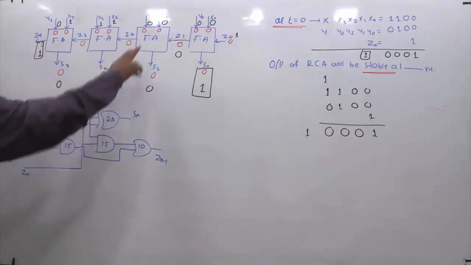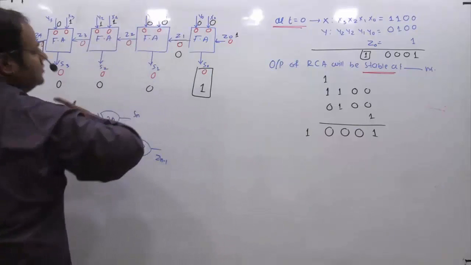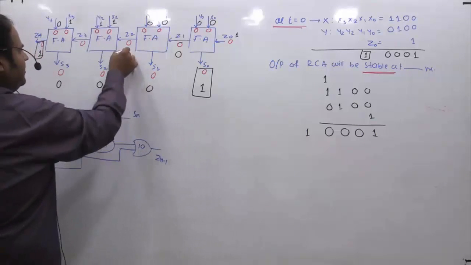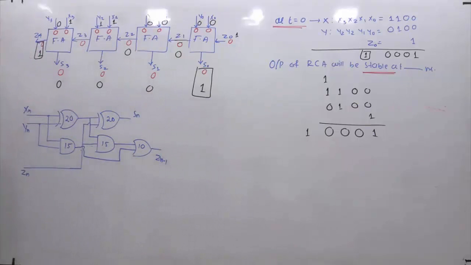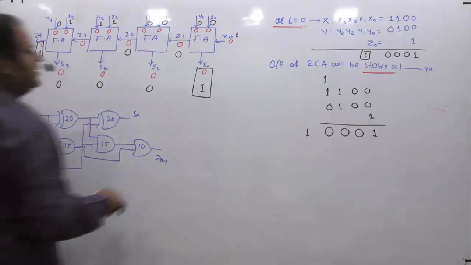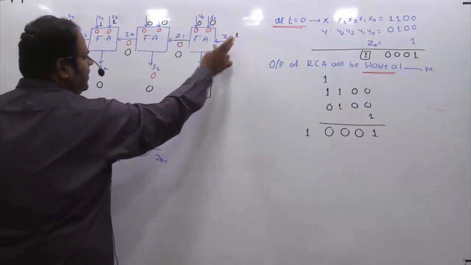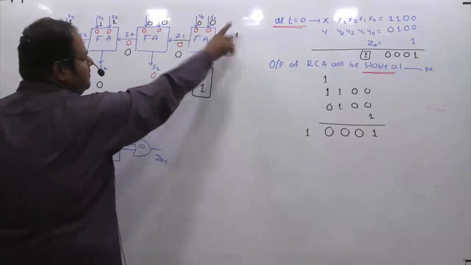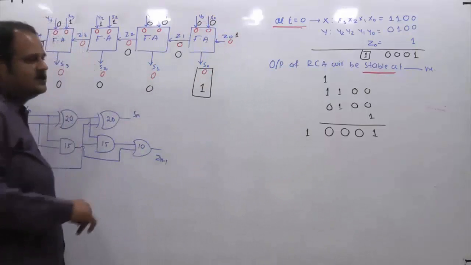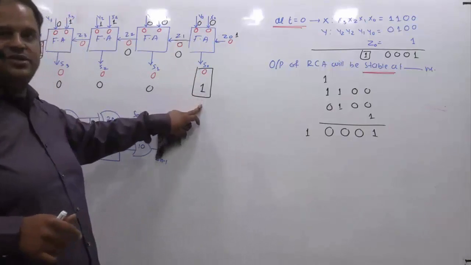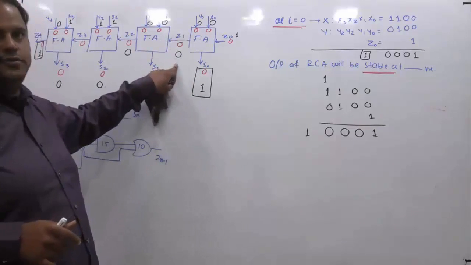Now coming to this adder, the inputs are 0 0 0 and this carry is also 0, so here also you are going to get the carry as 0. Initially I added 0 0 1, observe the black color pen: sum is 1, carry is 0. So the sum bit which was 0 changes to 1, and the carry bit is still 0.